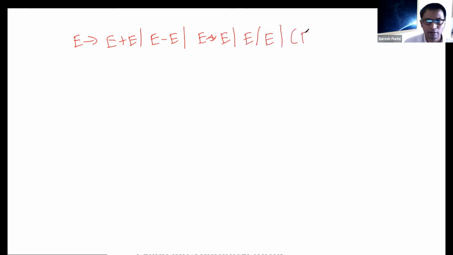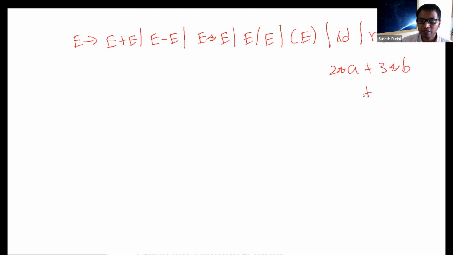So, again, so that you can easily remember, E goes to E plus E. An important idea in rewriting this grammar to eliminate the ambiguity is this. Let's say you have a statement such as 2 star A plus 3 star B. The associated AST looks like this.